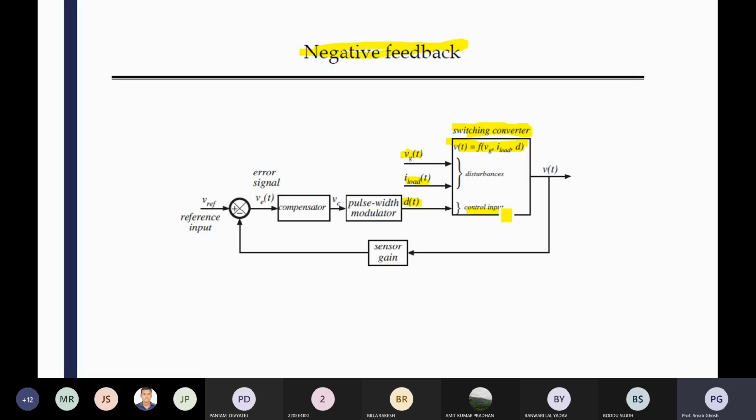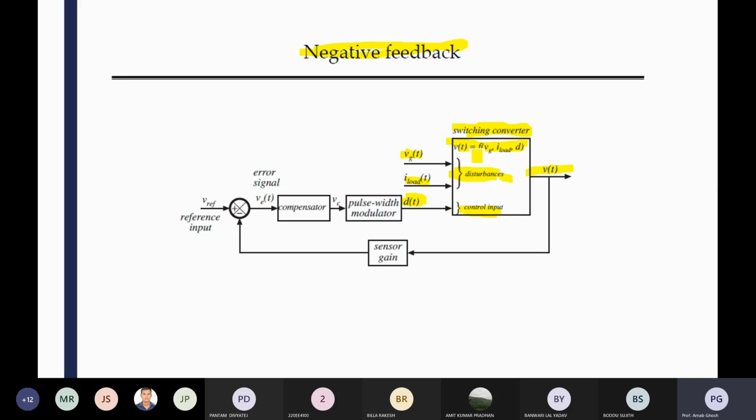It is your control block. When you are simulating this closed loop switching converter at home, you can use that block. From where the duty cycle is coming, the output of that block is your output voltage, v_o, the output of the switching converter block.